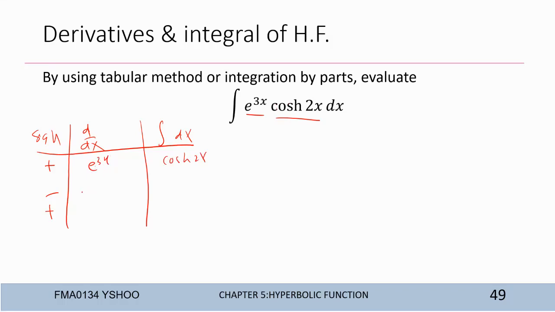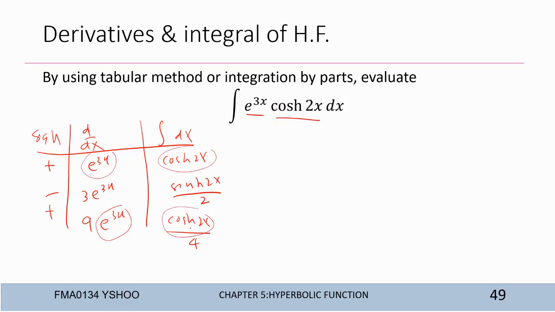Differentiating the exponential gives 3e^3x, and again gives 9e^3x. Integrating cos gives sine 2x over 2, and don't forget the over 2. Integrating again gives cos 2x over 4 with a minus. Now e^3x is the same as e^3x and cos 2x is the same as cos 2x, only the coefficient differs, so it doesn't matter.